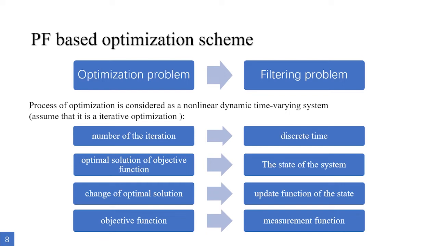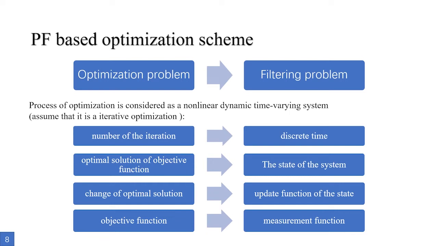Assume an optimization problem is iteratively solved. Then the process of the optimization can be considered as a nonlinear dynamic time-varying system. The number of iterations is regarded as the time of the system.